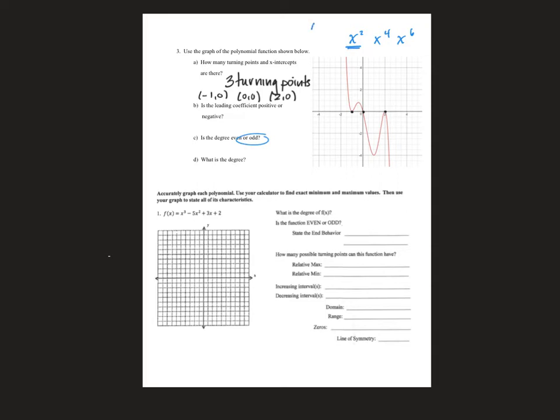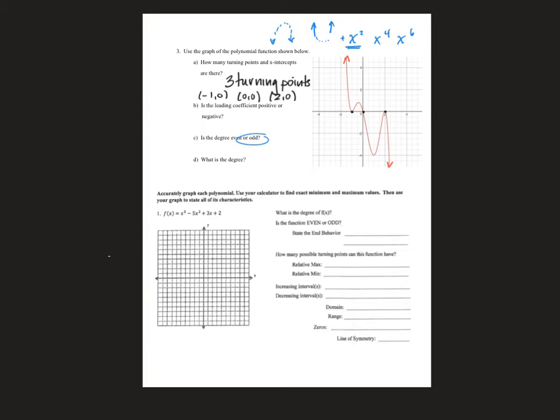So that means it's either going to start up and end up, that would be if there's a positive leading coefficient, or it's going to start down and end down if it was a negative leading coefficient. Well, that's not the case here. This spot, the arrow is going to be increasing forever and ever in the positive direction. This is the opposite. It's decreasing.